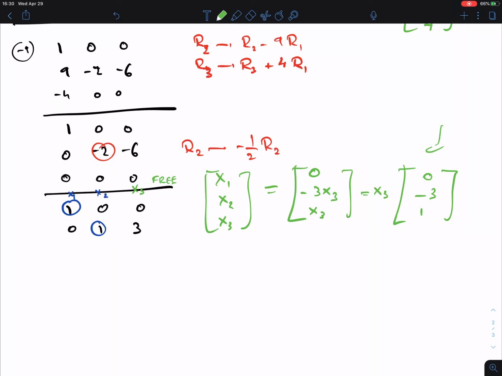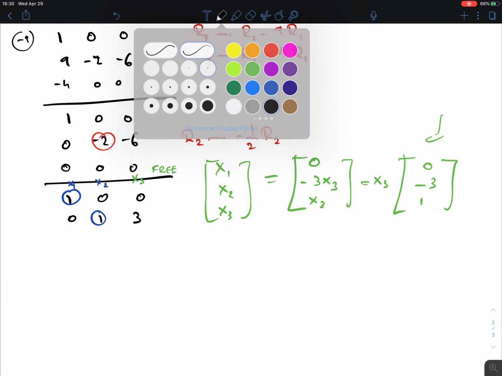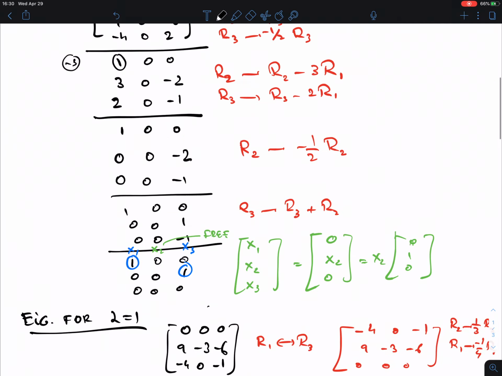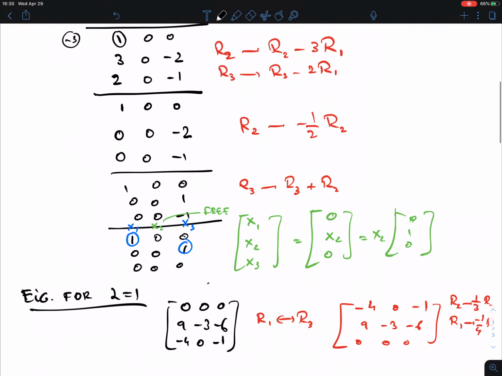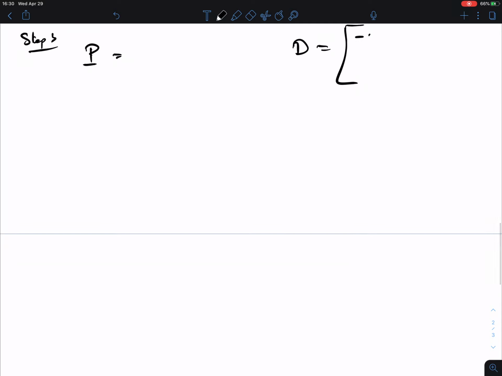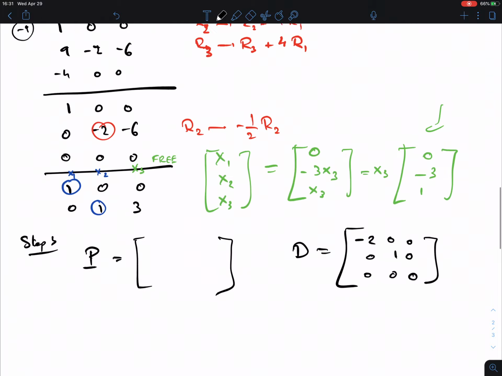So what we have is now P. So step 3, we can write down what P is and also what D is. Let's keep the order in which I wrote it, negative 2, 1 and 0, right? So negative 2, 1 and 0, that's going to be my diagonal matrix. And then P is going to be consisting of the corresponding vectors.